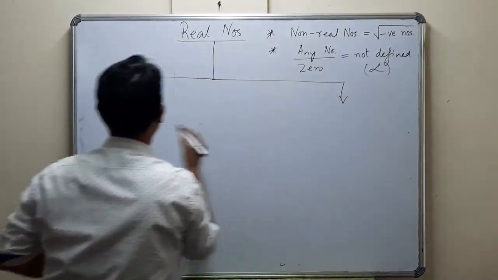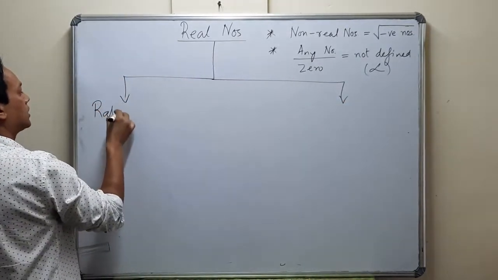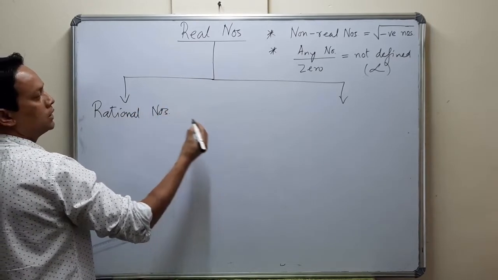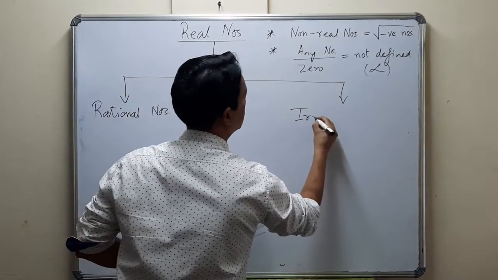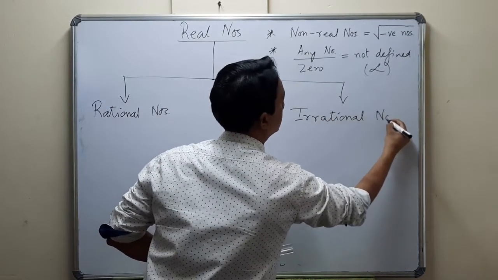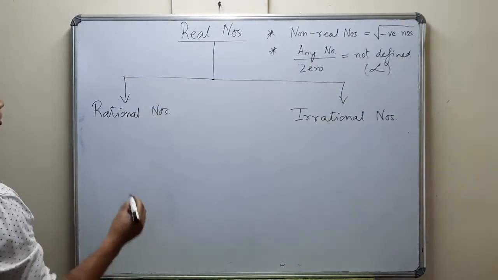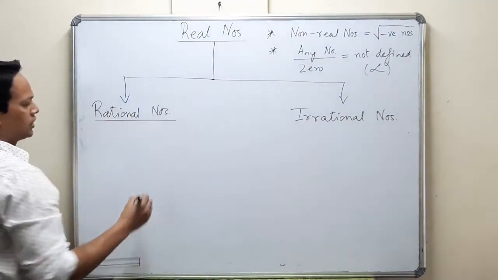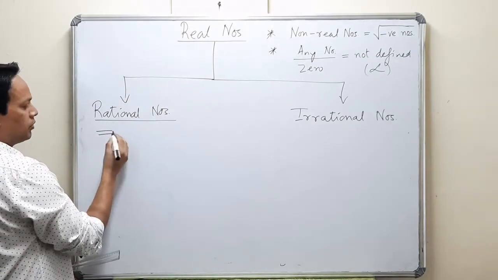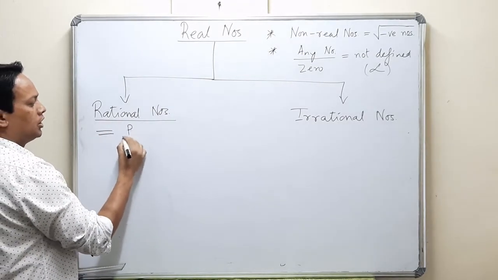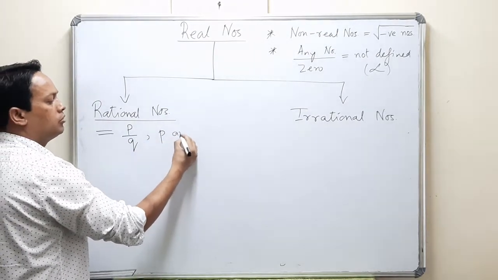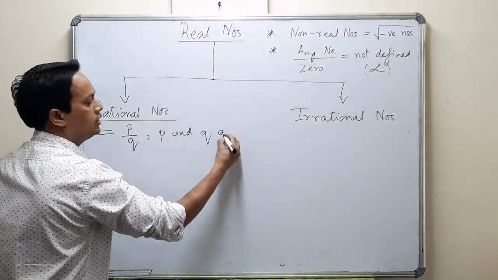We'll put them under 2 main groups: rational numbers and irrational numbers. Now, what are rational numbers? If you look at the definition, rational numbers can be written in the form of P by Q, where P and Q are integers.